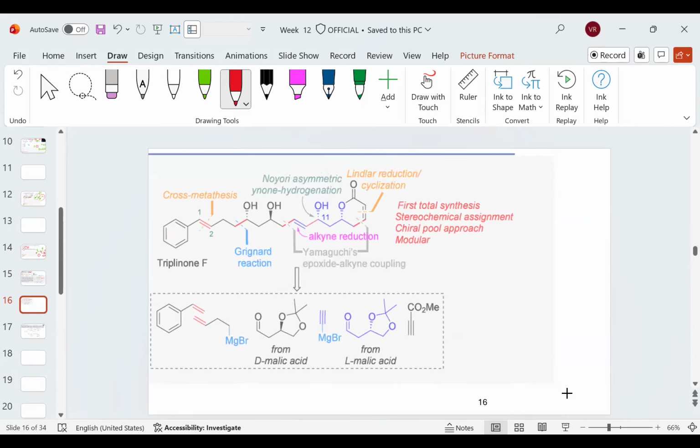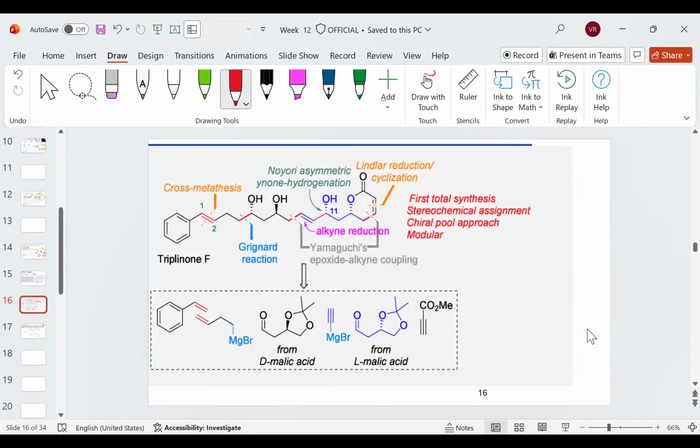If you come into the research field, in total synthesis particularly, you may come across such type of work.